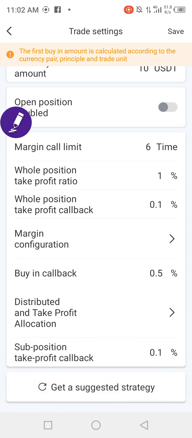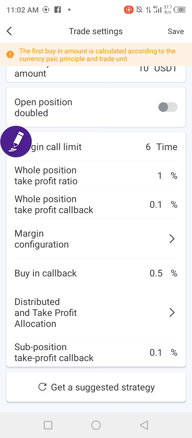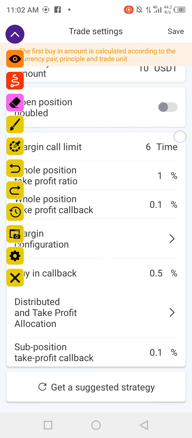Then let's look at margin configuration. This margin configuration is where you set how these 6 times will come in. You have to set how these 6 times will come in.